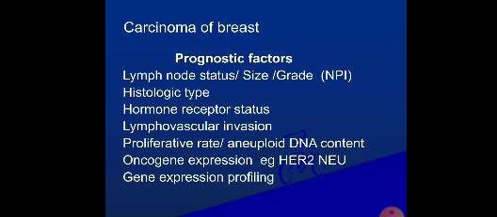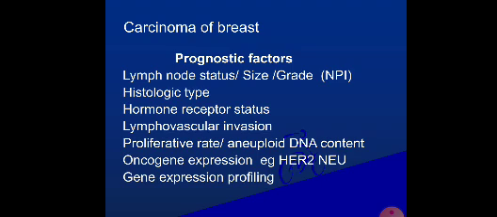Another prognostic factor is lymph node status, lymph node size and grade of the tumor, grade 1, grade 2 and grade 3. Histological type we already discussed, according to good prognosis and poor prognosis. Hormone receptor status: if ER/PR positive, there is a good prognosis; ER/PR negative, poor prognosis. If lymphovascular invasion is present, then poor prognosis.